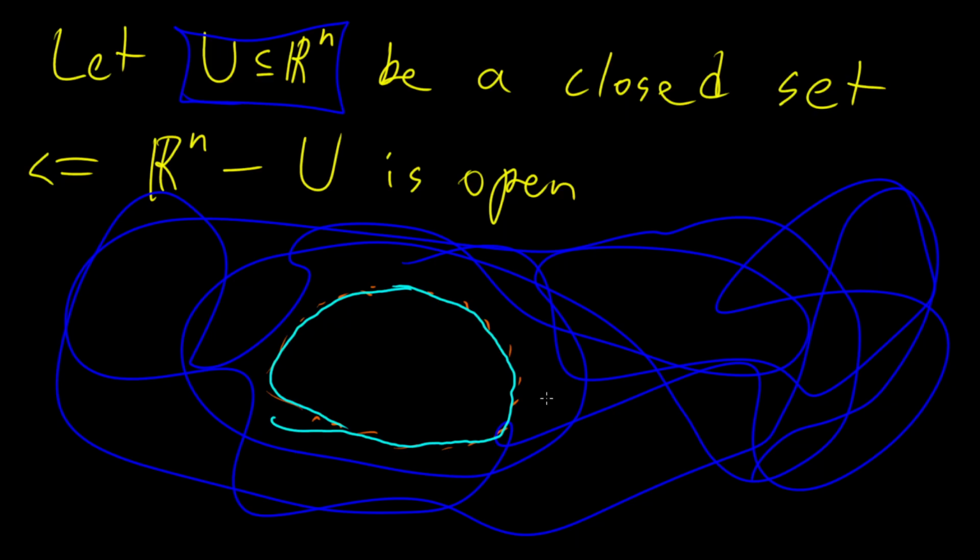And so because it contains this boundary, then it is closed. Because it contains all of the boundary. There are no gaps. There are no parts where it's dotted.